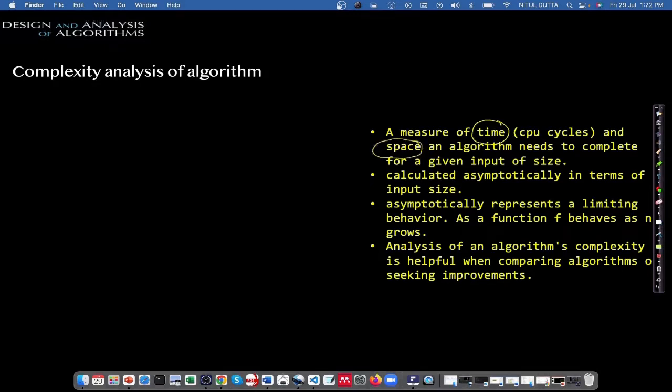By the word time, we do not necessarily mean time in terms of minutes, seconds or milliseconds. Rather, by the term time, we mean the required CPU cycles.